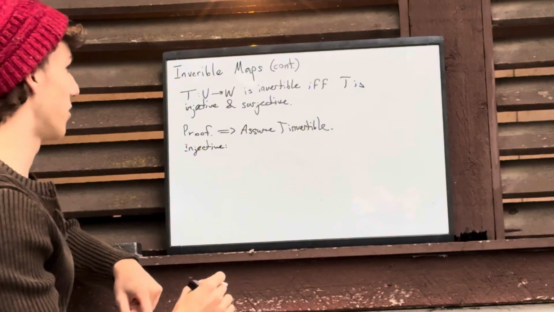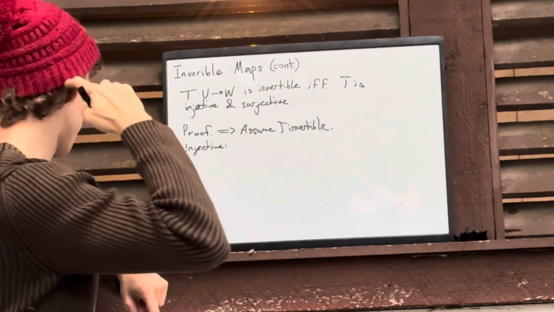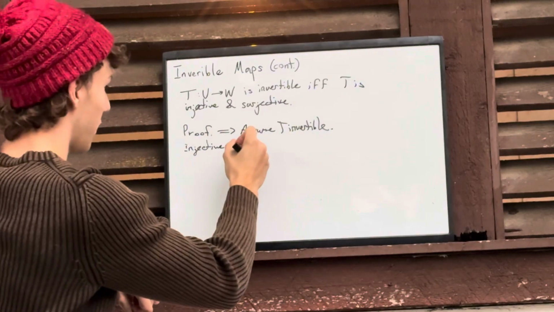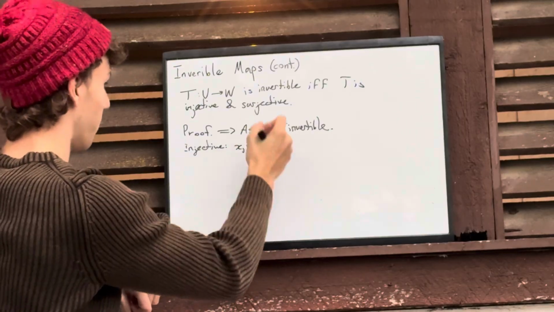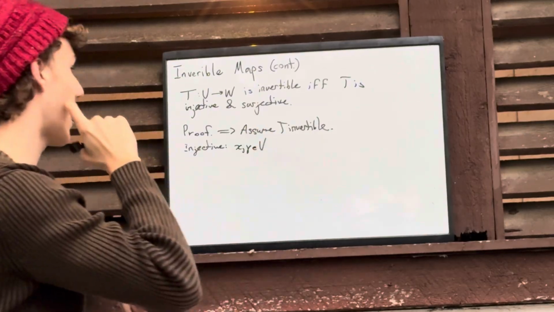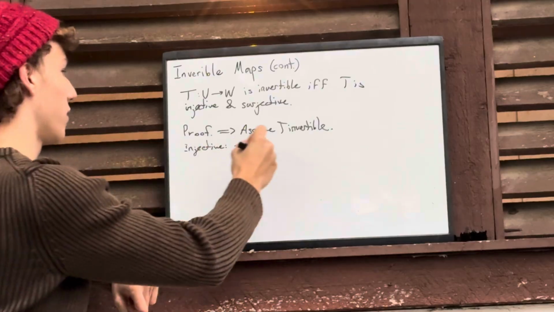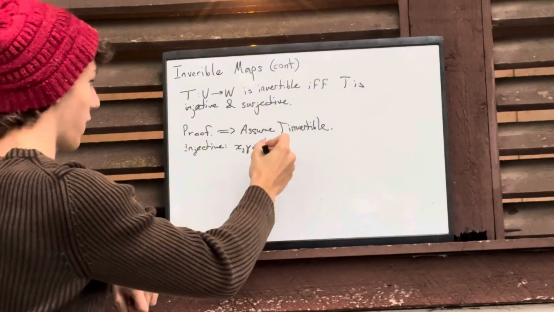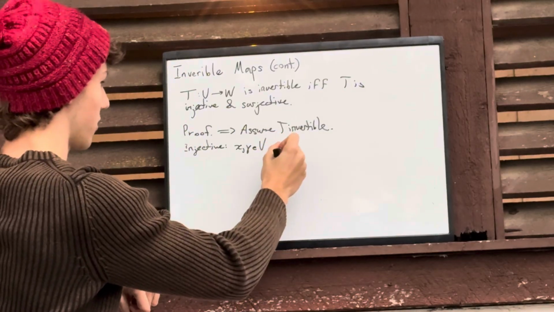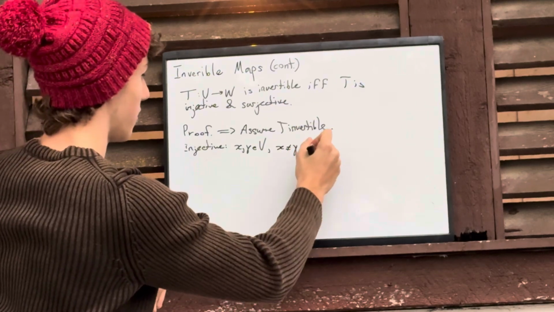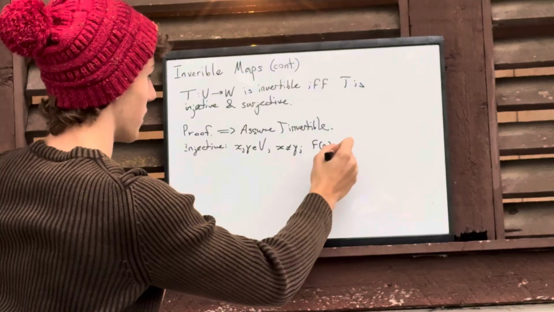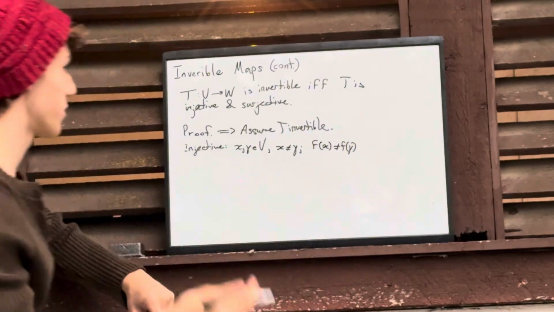To be injective, let's take x and y in our vector space V, our domain. Let's take x not equal to y. Then we want to show that T of x is not equal to T of y. That's one way we could do it.